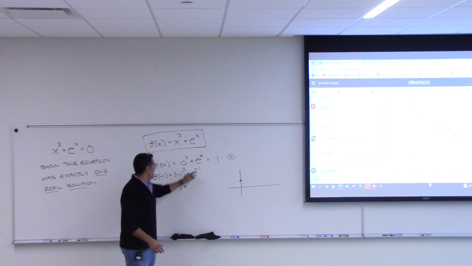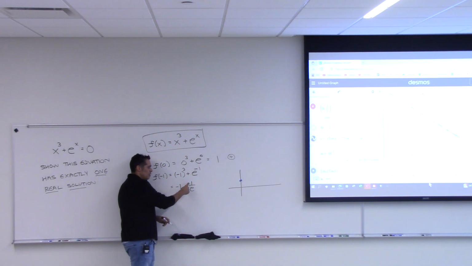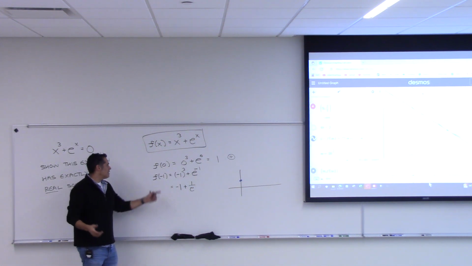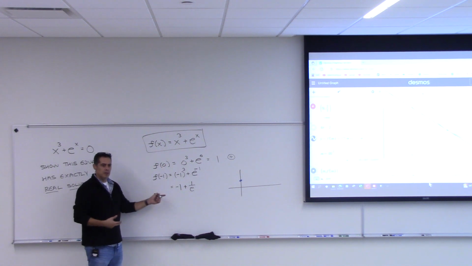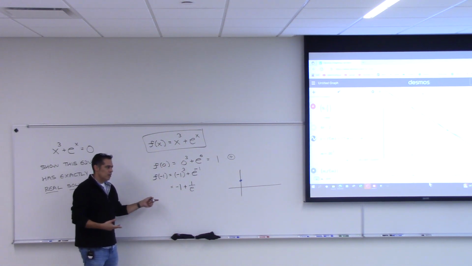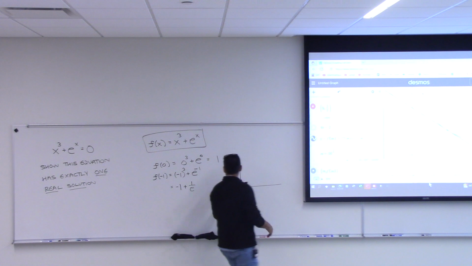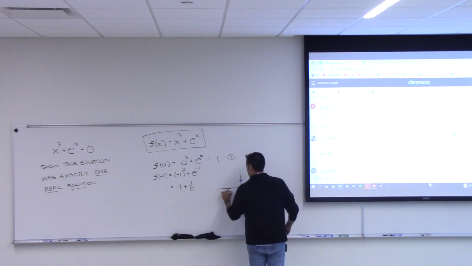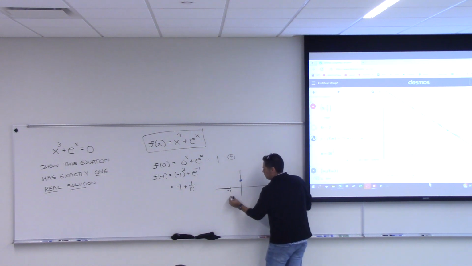Plus, now e to the -1 is 1 over e. And if you get on your calculator and do 1 divided by e, this number is smaller than 1. So when you put these two together, you're going to get a negative answer. Now, if you don't like that, plug in -2 and it'll work. Or -3, -4. So what we know is that at -1, here's -1, we get a negative answer.